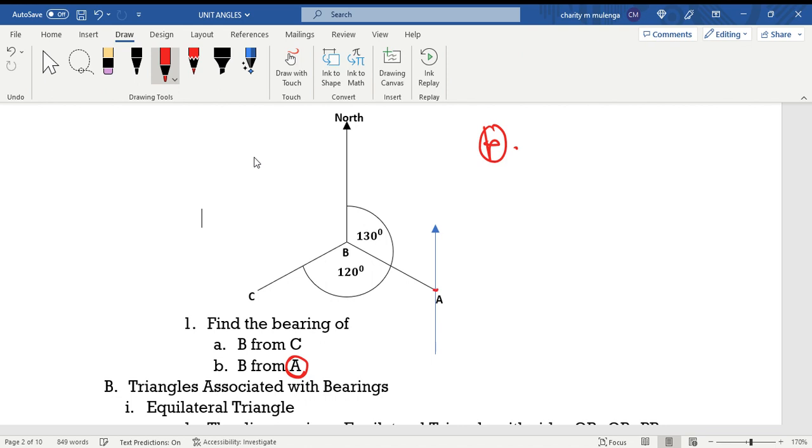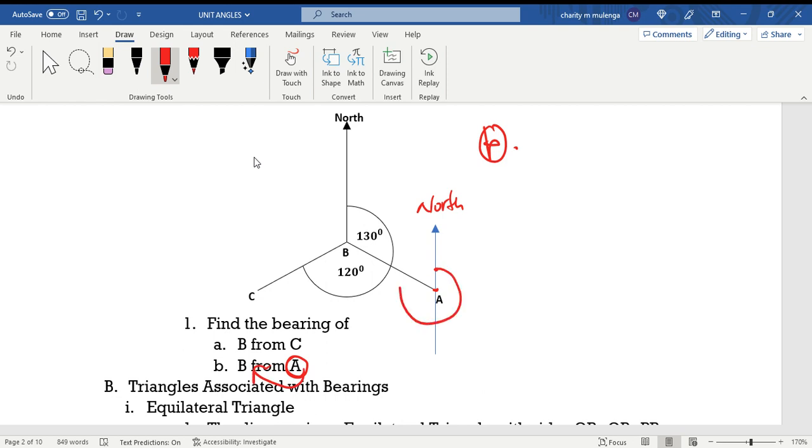A is the starting point there. So what are we going to do? So we have got two north lines there. So we're going to move clockwise from A going to B.